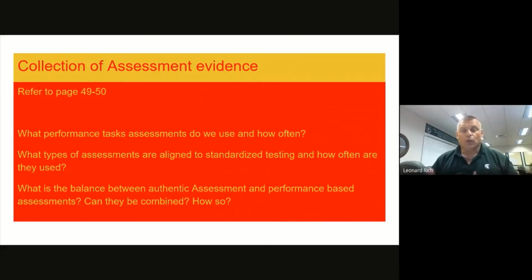Quite frankly, my equivalent, if you will, sometimes I think that the text dependent analysis most closely resembles a brief. So, our collection of evidence, what do we do? What do we gather that we understand the learner is proficient against that big idea and against that standard?